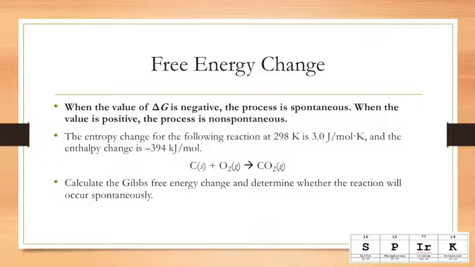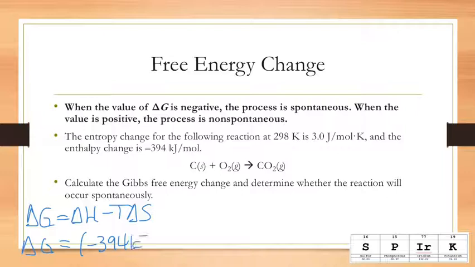So we're going to use that equation, delta G equals delta H minus T delta S. So delta G equals negative 394 kilojoules per mole minus the temperature in Kelvin, 298 K, times delta S. But if you notice, this is in joules per mole Kelvin. So we need to convert that to kilojoules so we can have some proper subtraction.